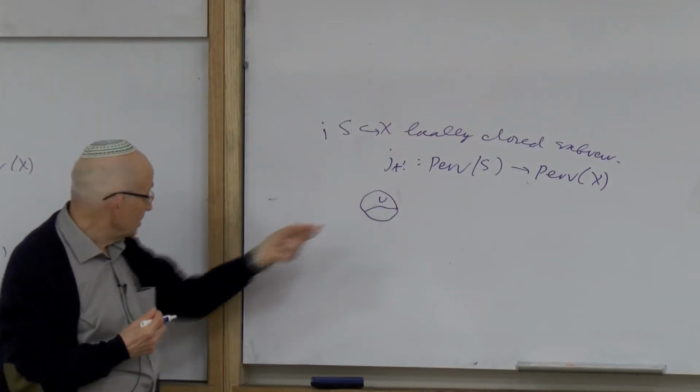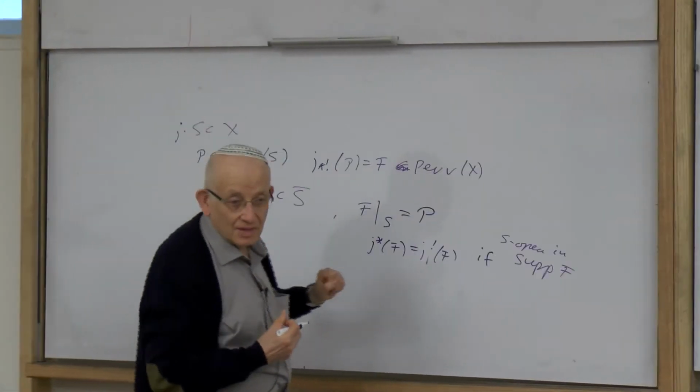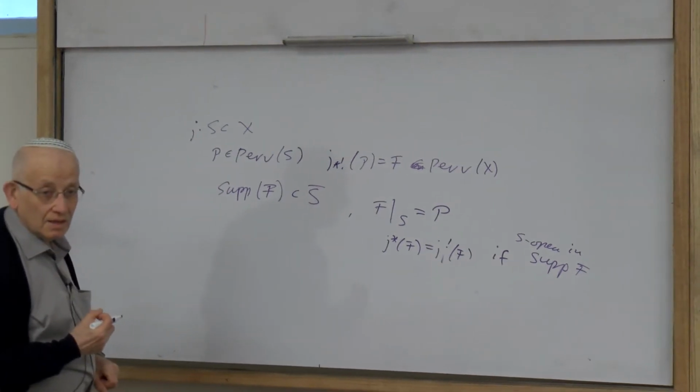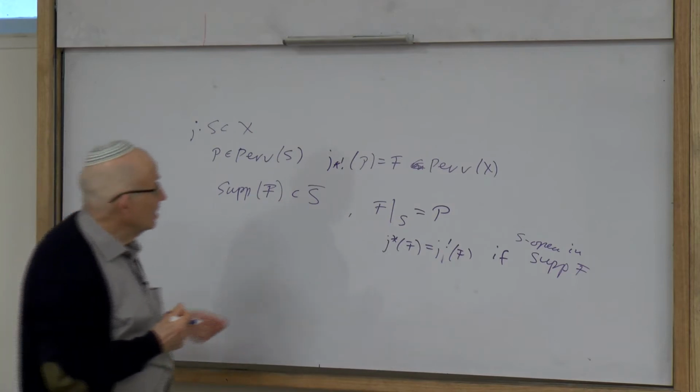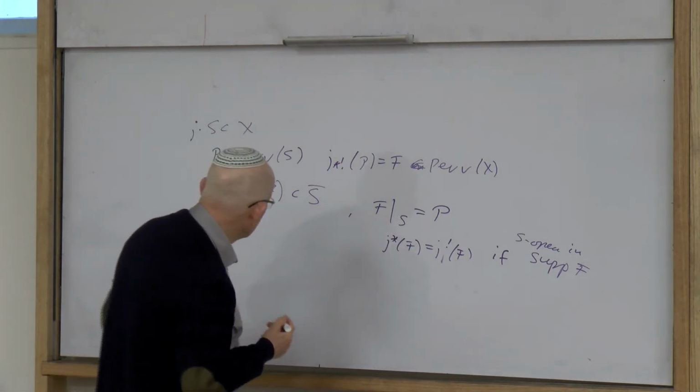And for a closed subset, the claim is that J star and J sheaf are the same. And everything is independent of the chosen open set. Yes, of course. That's why I denoted F restricted to S.